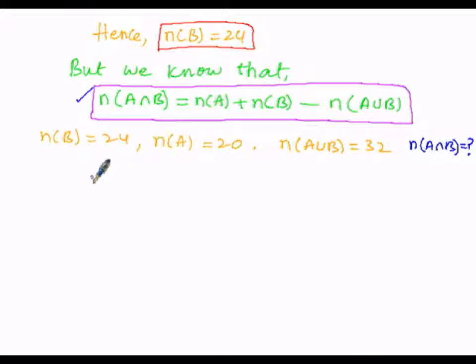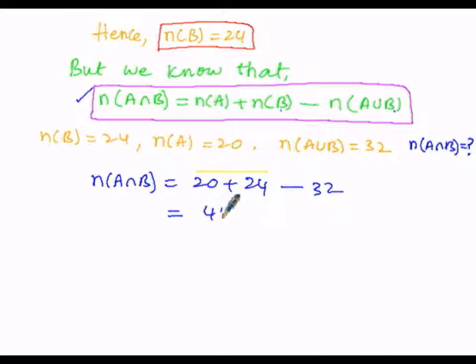So n(A intersection B) equals n(A) replaced by 20 plus n(B) is 24 minus n(A union B) value given as 32. That implies, let us simplify first of all these two terms which are positive. So 20 plus 24 is 44 with positive, minus 32 written as it is.